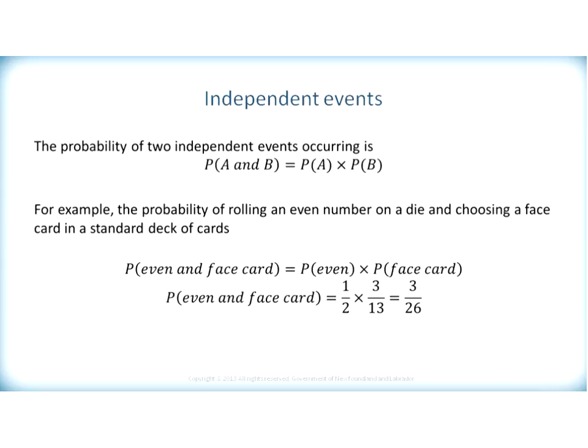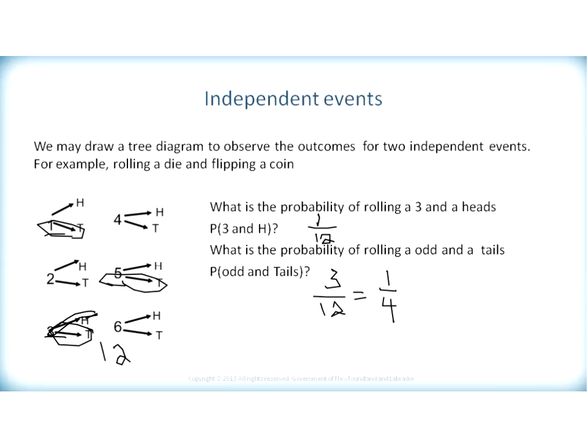We can see that the probability of 2 independent events occurring, so the probability of A and B occurring, is the probability of A times the probability of B. Let's go back to look.